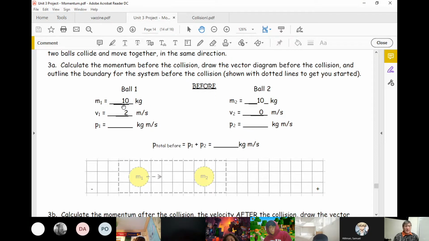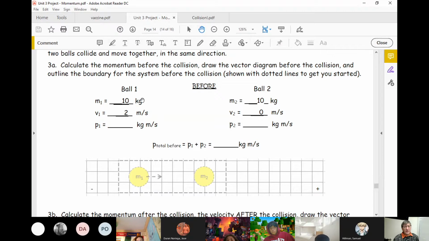Okay, so they've told us that ball 1 has a mass of 10 kilograms and ball 2 is also 10 kilograms. Before the collision, ball 1 is moving at 2 meters per second and ball 2 is not moving at all. We need to calculate the momentum of the two balls, and I'm going to call on people to help me with this. So take a minute to calculate the momentum of ball 1.